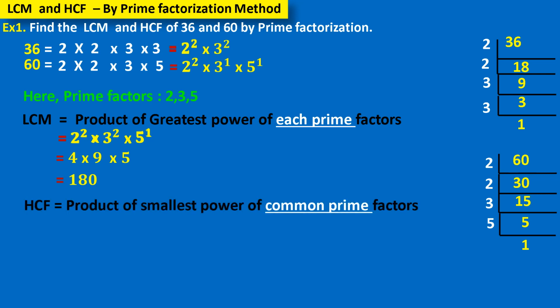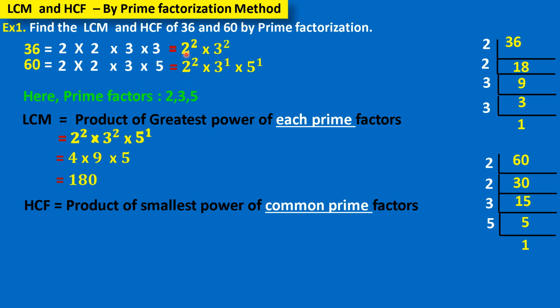Now HCF, the product of the smallest power of common prime factors. Here we have prime factors 2, 3, 5. Which prime numbers are common factors for both? Now observe 2 and 3. In 36, 2 square, in 60, 2 square.